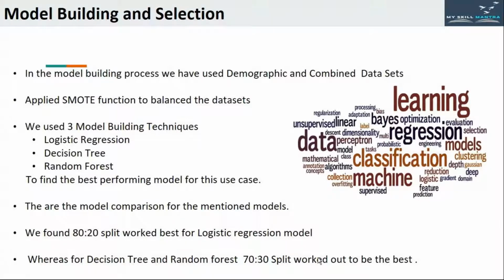We used an 80-20 split for the logistic regression and a 70-30 split for the decision trees and random forest. We played with the splitting criteria a bit and we decided on this one. So once the models were built, we did a model comparison to choose the best model.